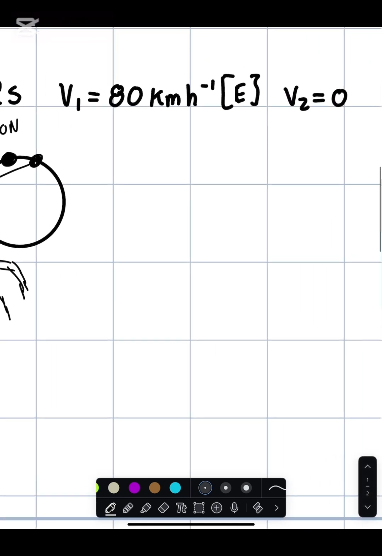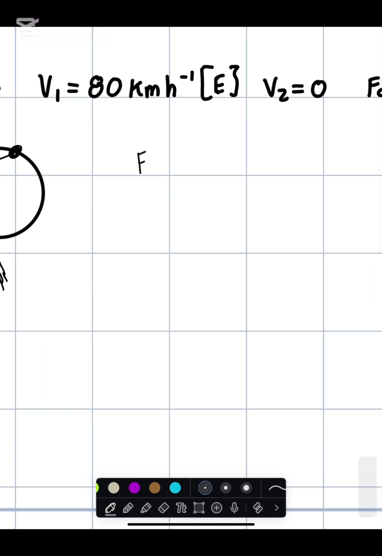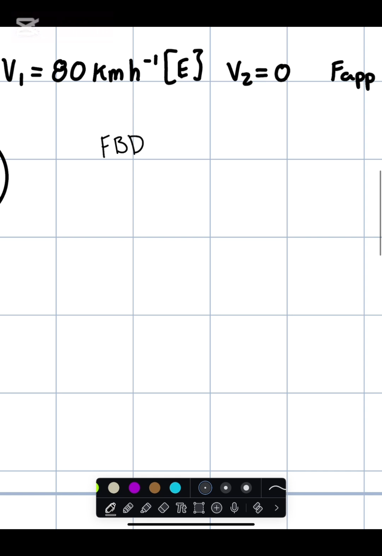All right, so now it's time for our free body diagram, our FBD, which states all the forces acting on it, so we can figure out how to solve for our seat belt. So we have our force normal, which is opposite to gravity, and we also have our force of gravity. These two will be equal.